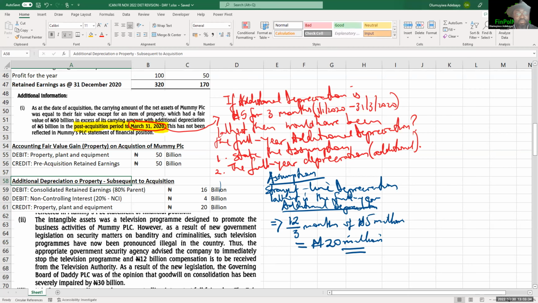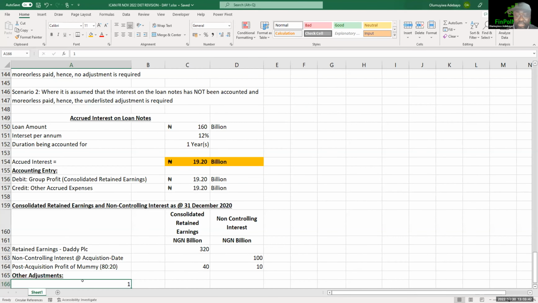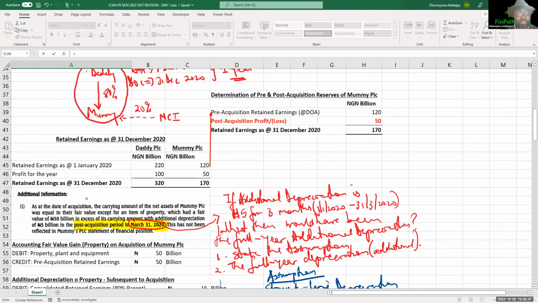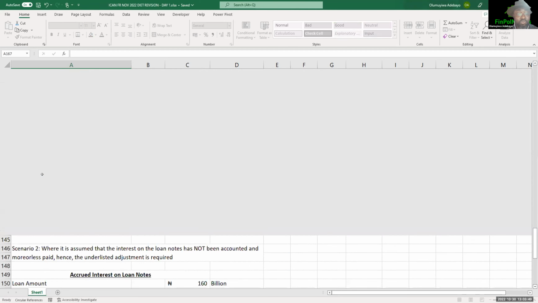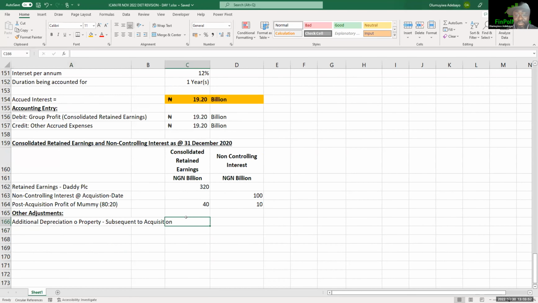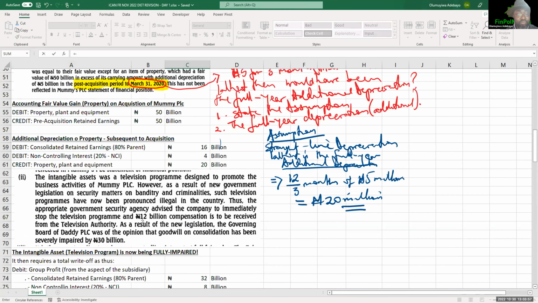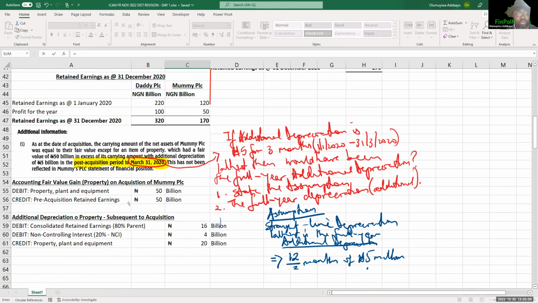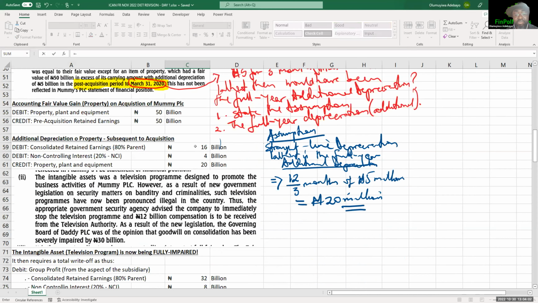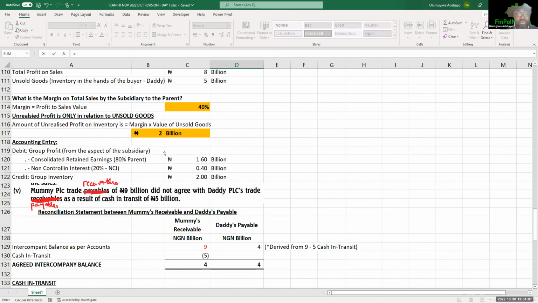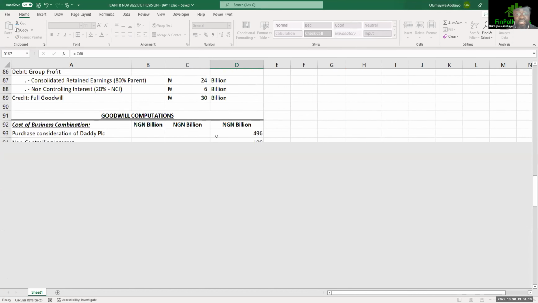We have 16 and 4, which we are told to deduct. The first one is additional depreciation. And there, we said we should deduct by way of debit $16 from parents and 4 NCI.